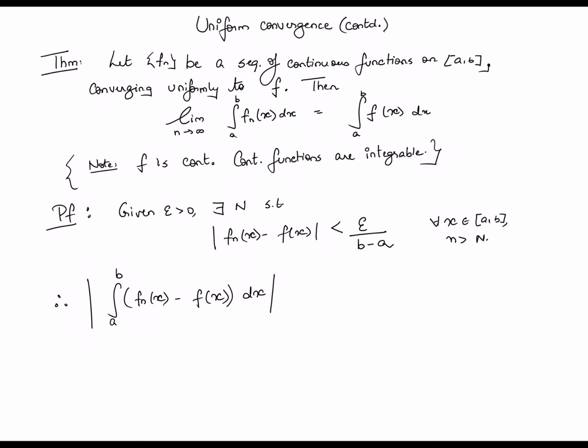Now this can first be upper bounded by the integral of the absolute value. This is a property that we will again have to prove, but it should be natural that this holds. Alright, and once you have this, we know that this is upper bounded by epsilon by b minus a, and so therefore the overall integral is also upper bounded by epsilon.